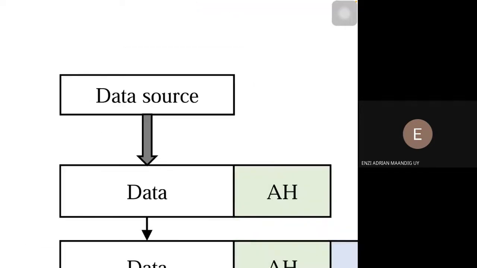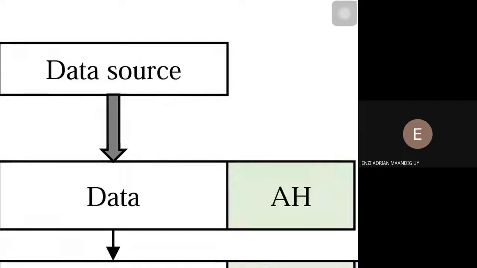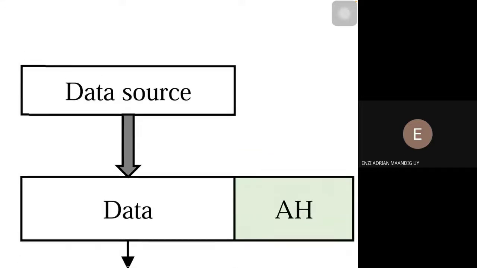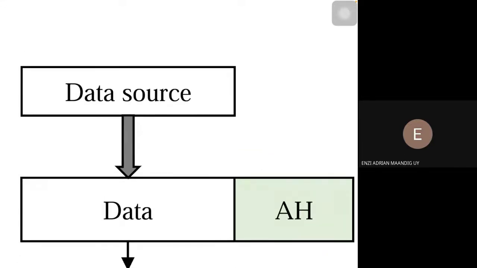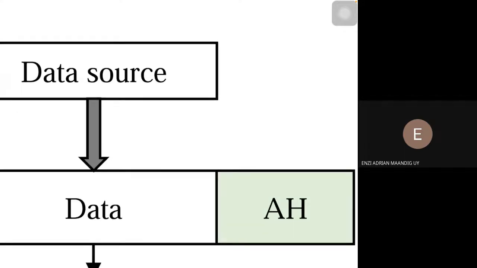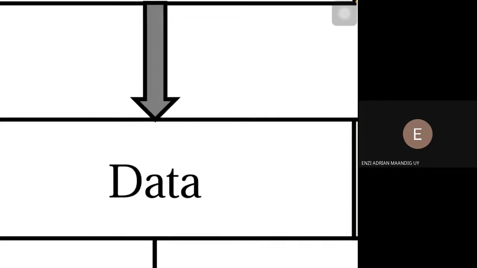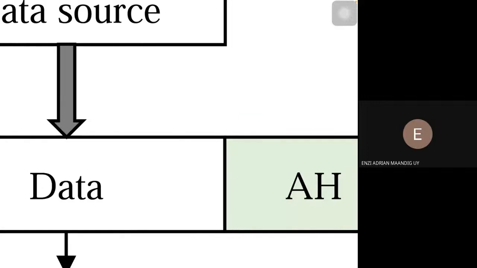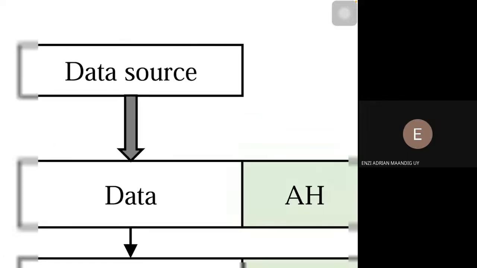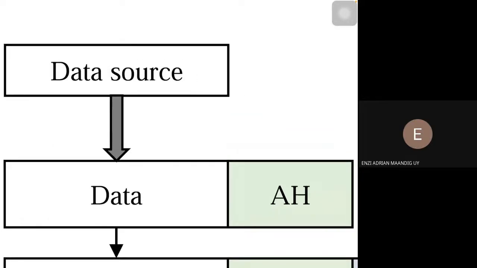So it adds a header, the application header. Just think of it this way: the data is given an application header. This data is in the form of ones and zeros, and the header is additional ones and zeros so the computer knows the data is for Messenger. Data for Chrome or Google Meet has a different application header.